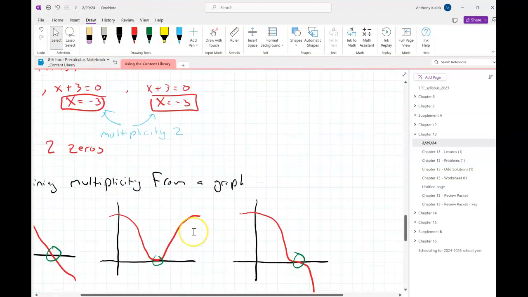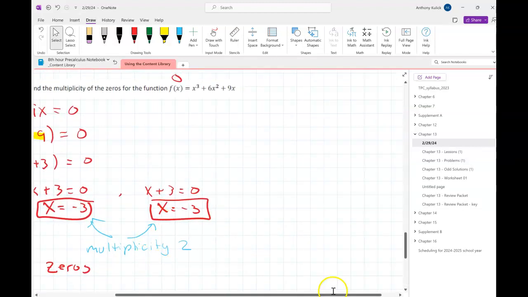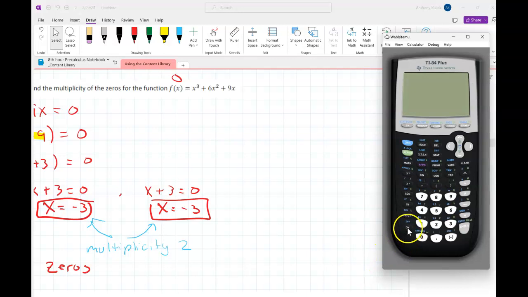So if we go back and look at this previous problem that we just solved, x cubed plus 6x squared plus 9x, let's just look at the graph of that right quick. What type of 0 do we see here?